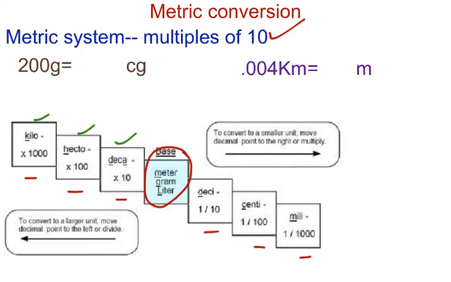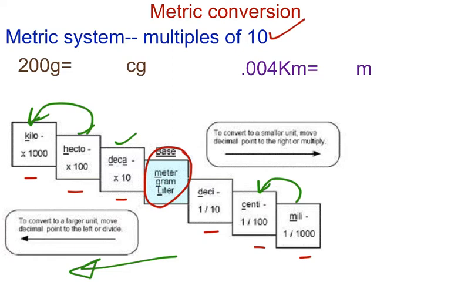Now, one critical thing that we need to know is this. If we are going from a smaller unit to a larger unit, we will move our decimal to the left.